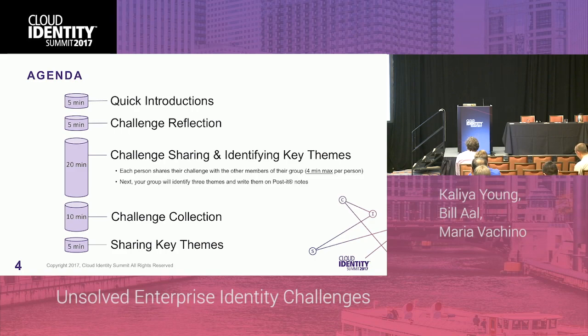Okay. And I'd like you to think about the most challenging enterprise level issue that you faced in identity management in the past year? What's the hardest thing that's come up? What are you still struggling with that you actually haven't solved yet? What's that really hard thing?